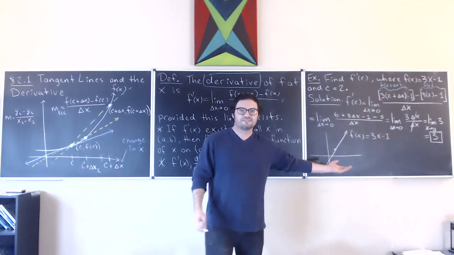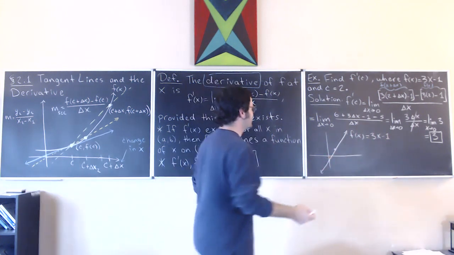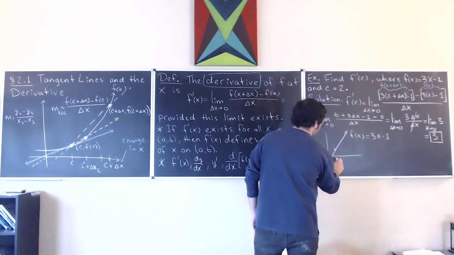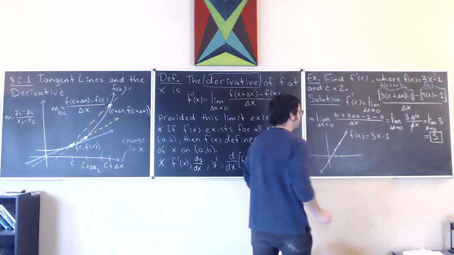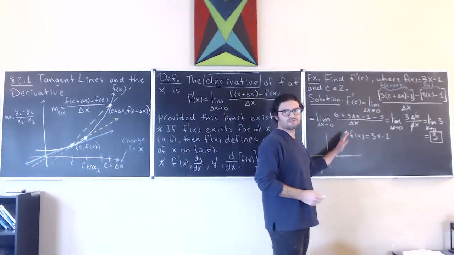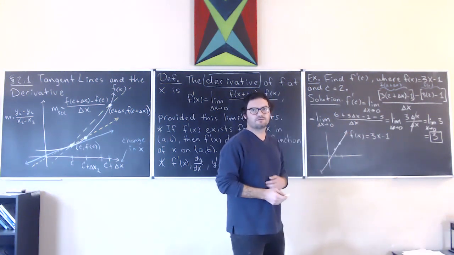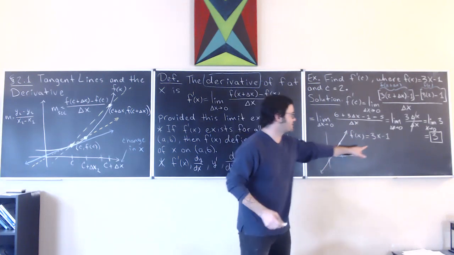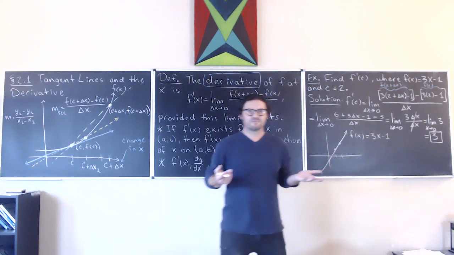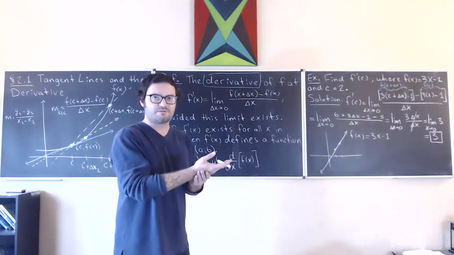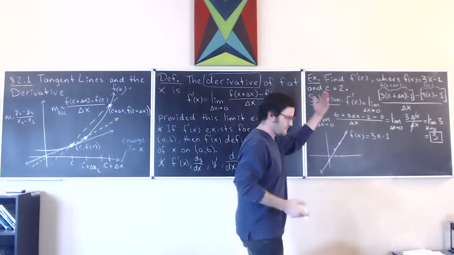It's a line. So if you look at this point, and you go up and look at that point, what's the slope of the tangent line to that point on that graph? It's just the same as the slope of the function. It's a line, right? So the slope of the line tangent to the graph is going to be the same as the slope of itself.